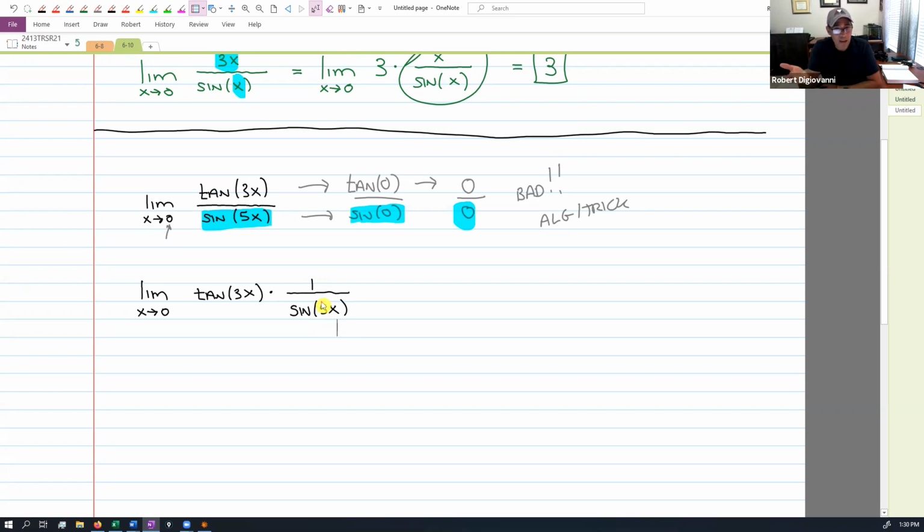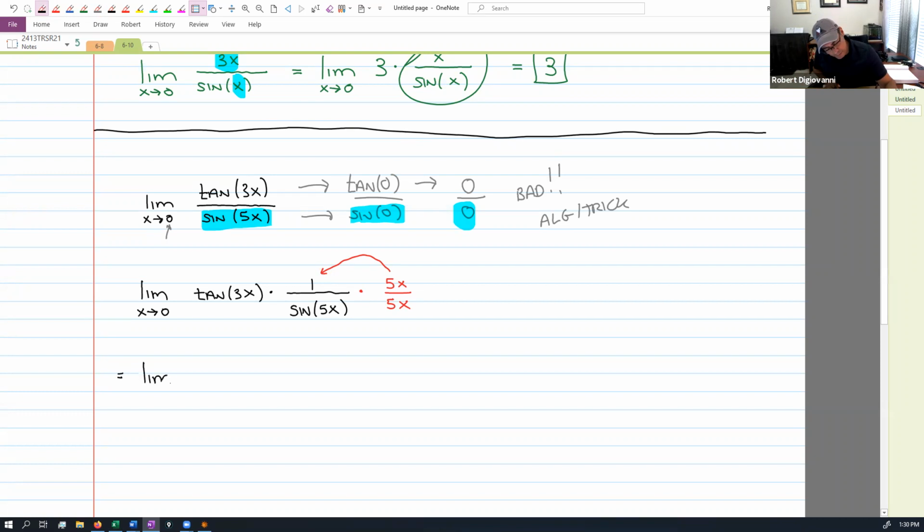So I'm going to make a 5x appear. Ready? Here it comes. I'm going to do it in a different color. I'm going to now multiply this by 5x over 5x, because that's just a 1, and then I'm going to slide the 5x on top here. All right, so now let me write the new line.